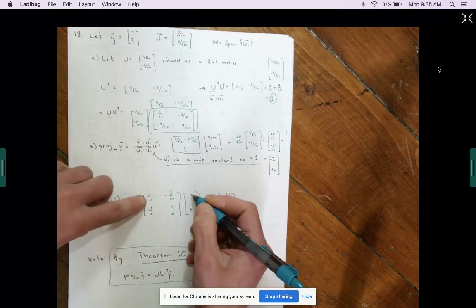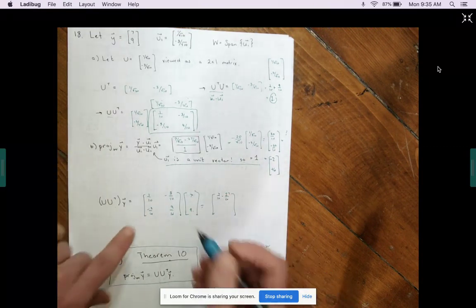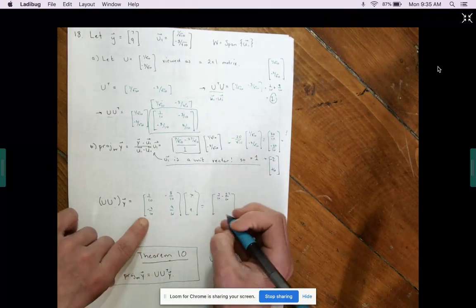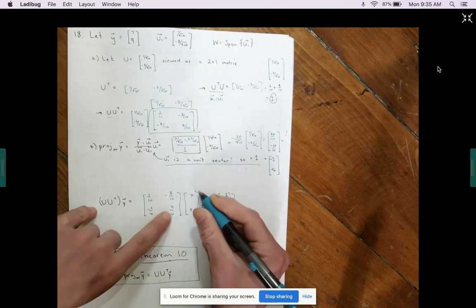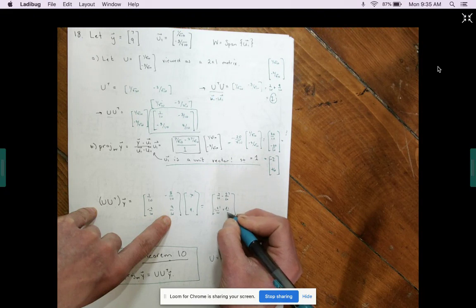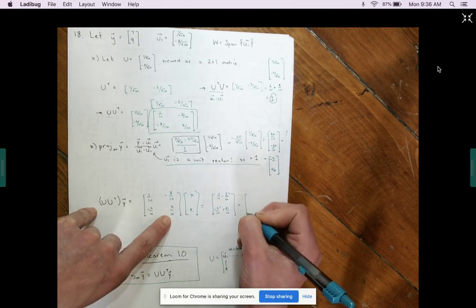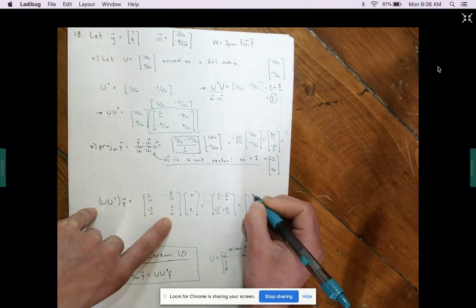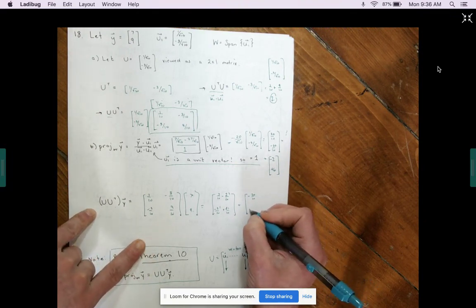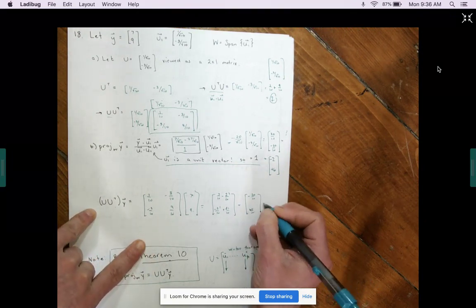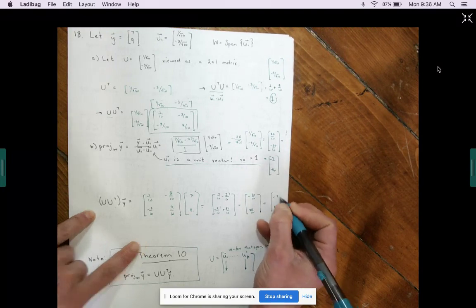It's my first component because I do that times that plus that times that. Now for my second component, I get -21/10 plus 81/10. And what do we get? We get -20/10 and then 60/10 again. So we do get the same thing.